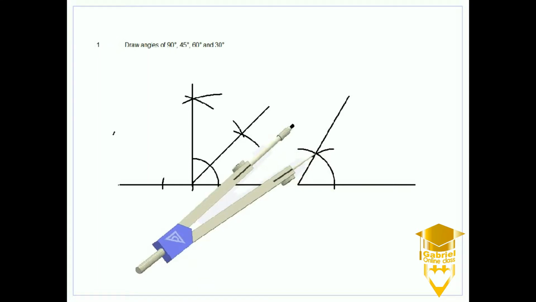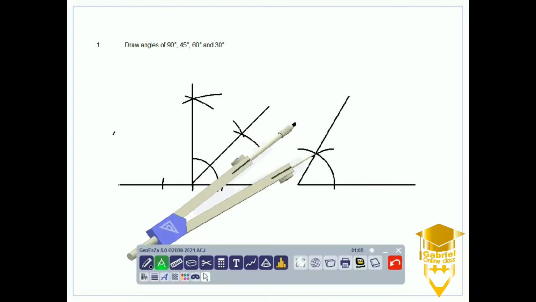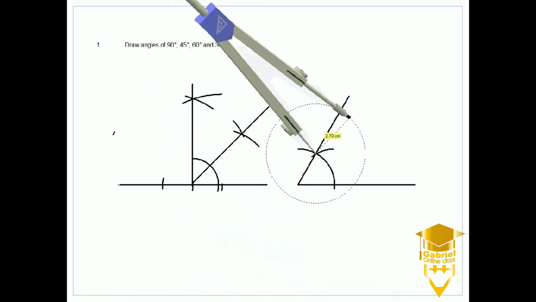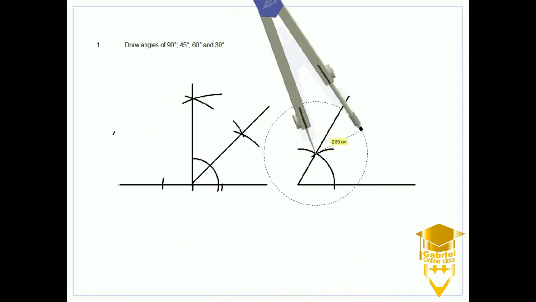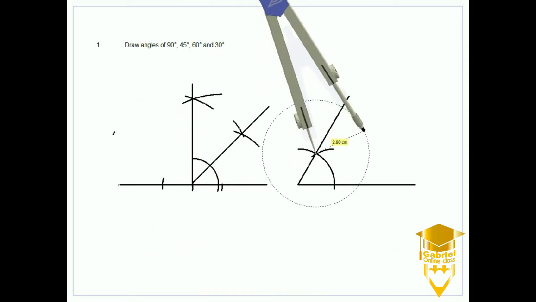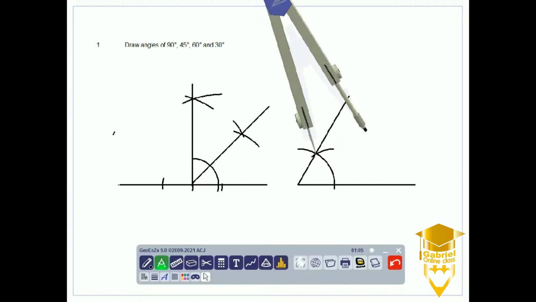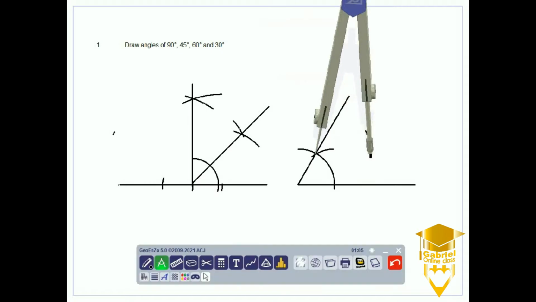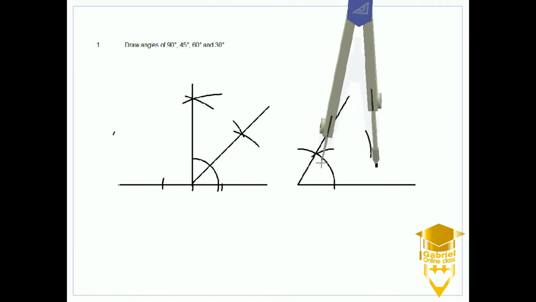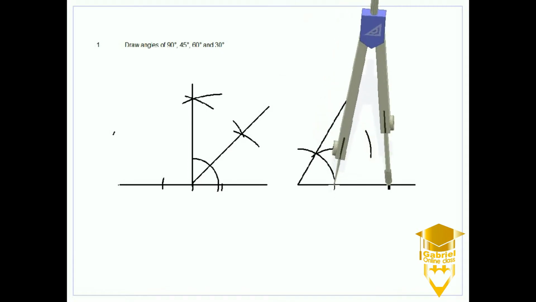You can actually use any radius. I just want the radius to be far apart, so our arc will not be too close to the angle itself. The arcs will be farther apart. We have drawn an arc, so put the sharp point at that point and draw another arc to bisect the one we drew initially.